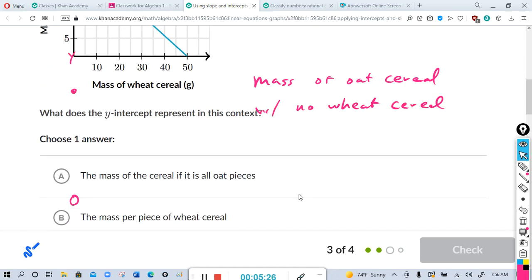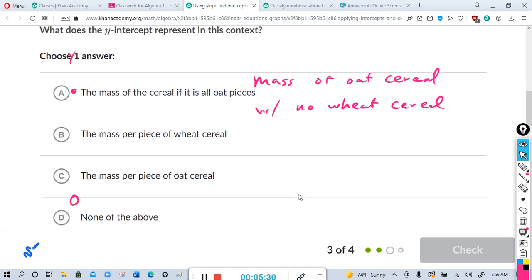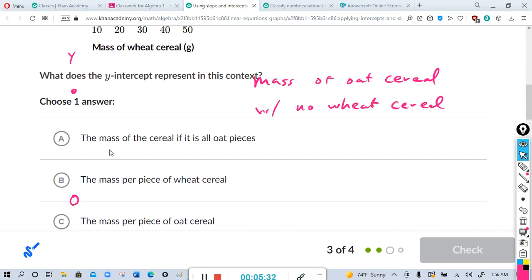All right. The mass of the cereal if it is all oat pieces. Yes, that's correct. It's basically what I said, the mass of oat cereal when there's no wheat cereal.